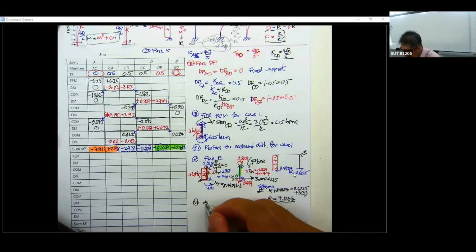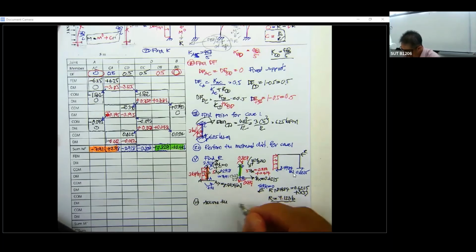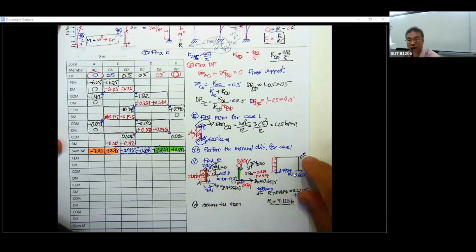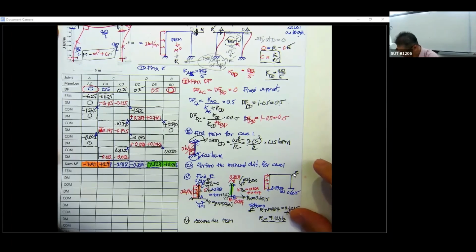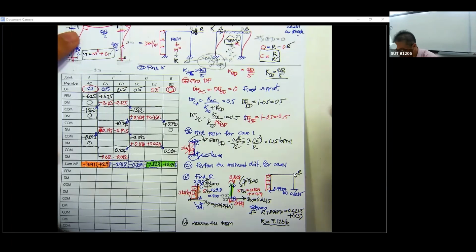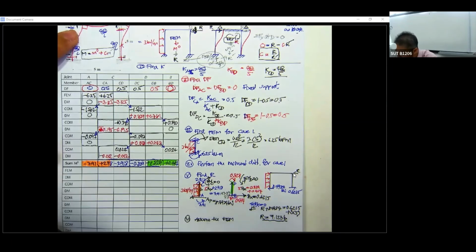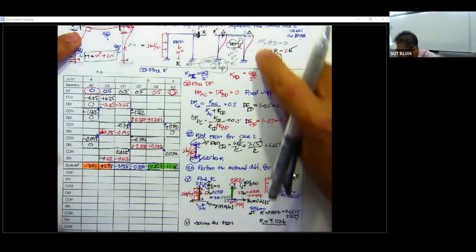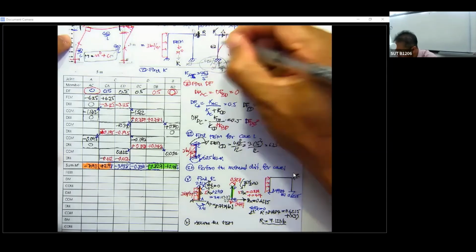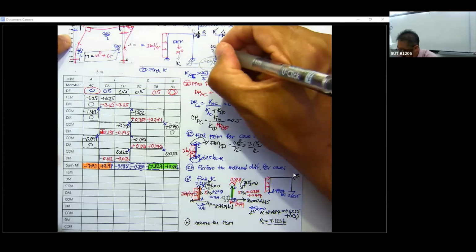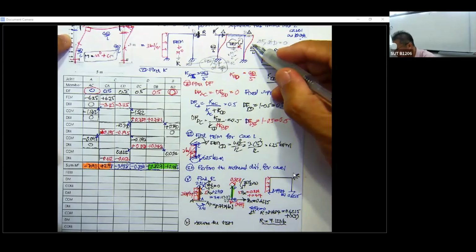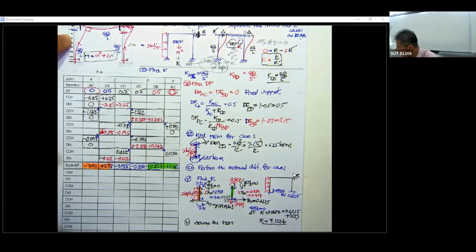Now you're going to go to step 6. You're going to assume the fixed end moment for the frame, and you can see since the two columns have the same EI and also the same length, the stiffness is going to be the same.